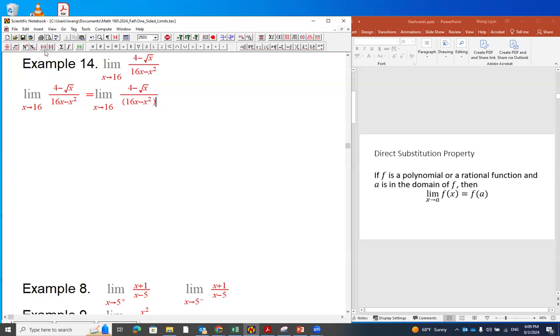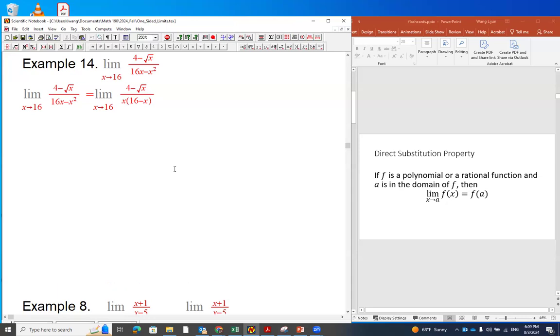So we're going to factor out the x. I put it outside. And then what do we do? We have a 4 minus root x, and x is approaching 16. We can't use any direct substitution nor limit laws.